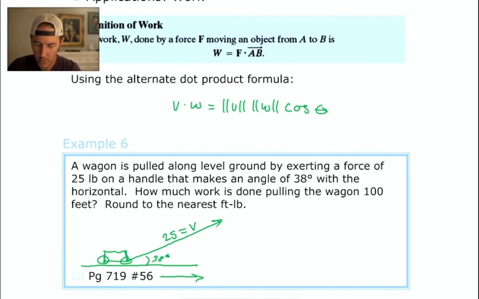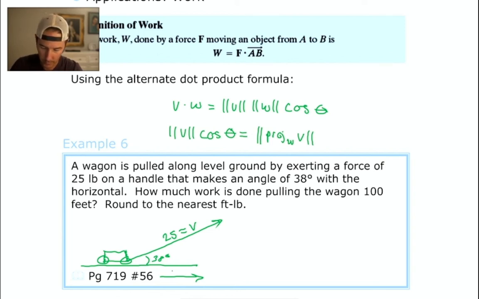I think, though, that we should be using this idea, that the magnitude of v times the cosine of theta is equal to the magnitude of the projection of v onto w. Because what I really want to know is the amount of force that's being exerted in the direction that's pointing to the right.